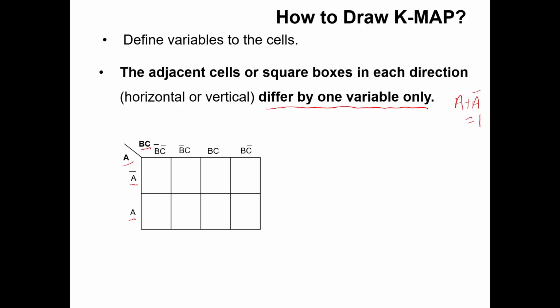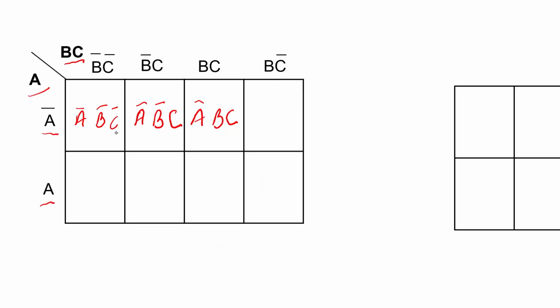If you see, this particular box will be known as A bar, B bar, C bar. This particular box will be known as A bar, B bar, C. This one, A bar, B, C. Now if you see, the adjacent boxes differ by only one variable.